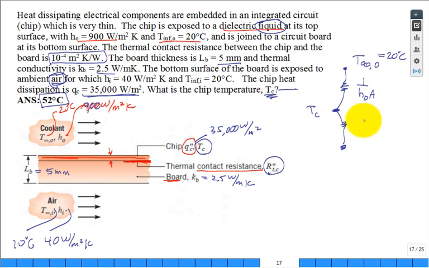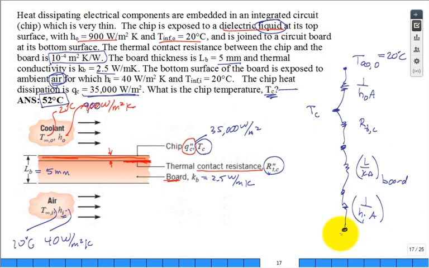Then it goes through an L over kA slab through the board. Then finally, it goes through a 1 over hA convection resistor on the bottom, and then it's finally out to T infinity on the bottom, which is 20 degrees C.